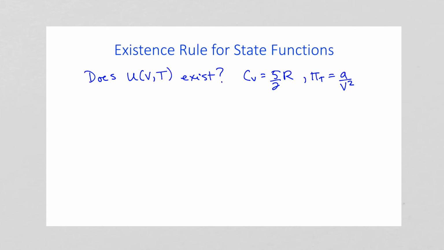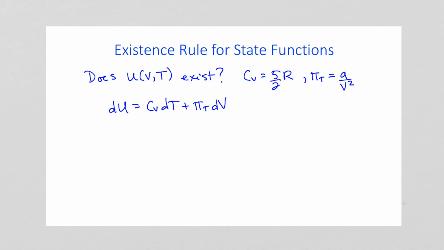The first step is to express our function in terms of its total differential. We write dU equals Cv dT plus pi t dV. We already know that's our total differential for internal energy.